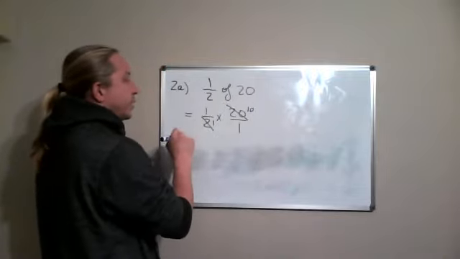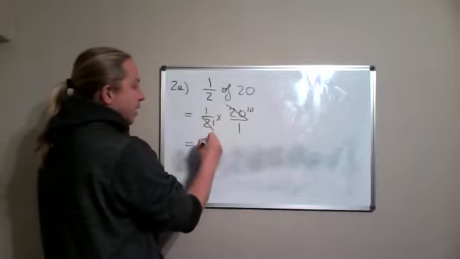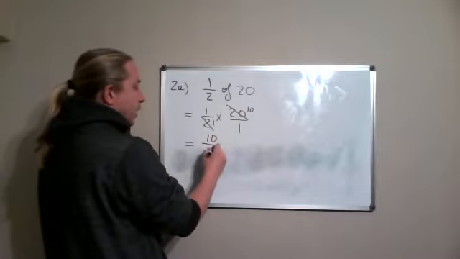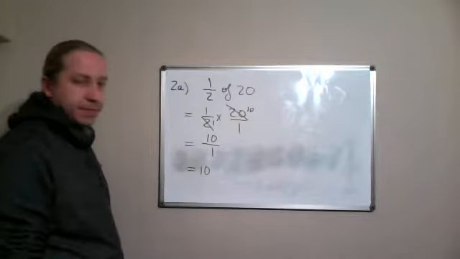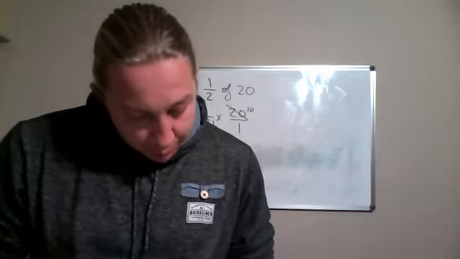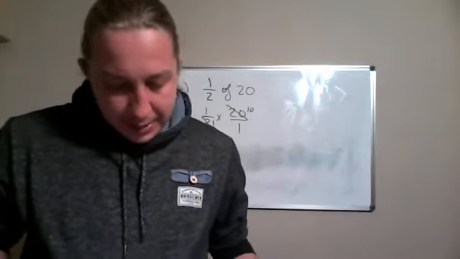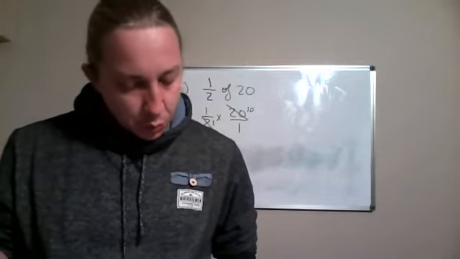Now I'm going to multiply the tops and the bottoms. 1 times 10 is 10, over 1 times 1 is 1, and 10 over 1 we know is just 10. Okay. All right, so that's number 2, guys. There's nothing complicated there. It's just write the whole number as over 1 and work it out.